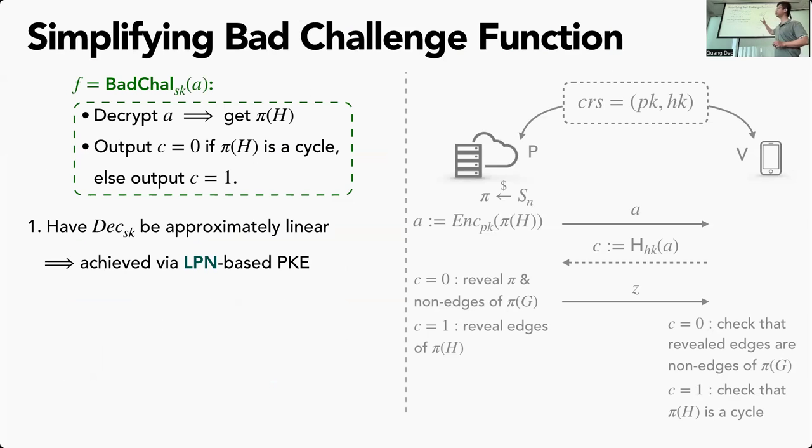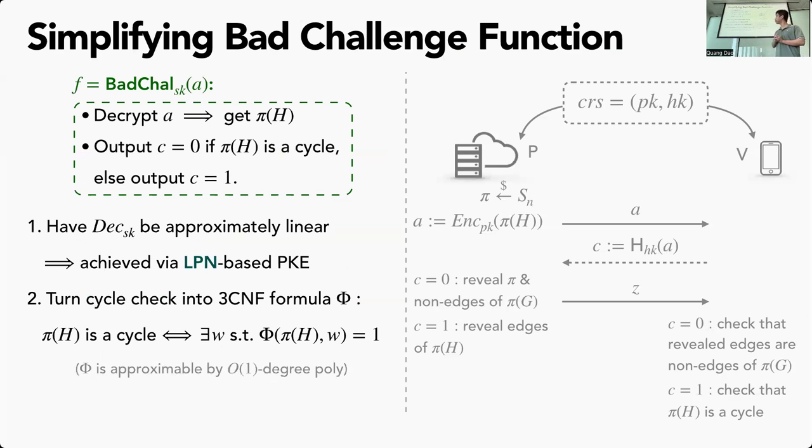So I won't go too much into this, maybe at the very end. The second is that now for the second subroutine, we can try to squash the complexity by turning it into a free CNF formula. Okay, so this is your classic reduction to free sat.